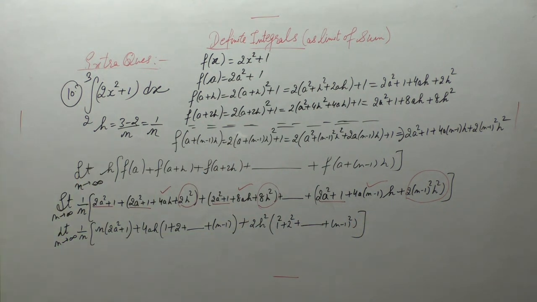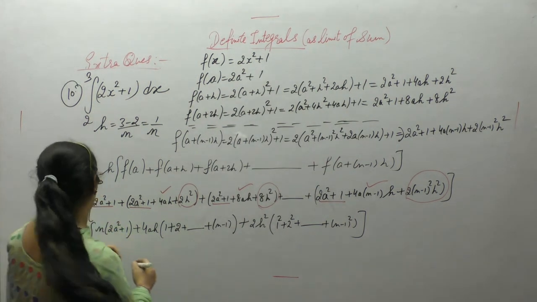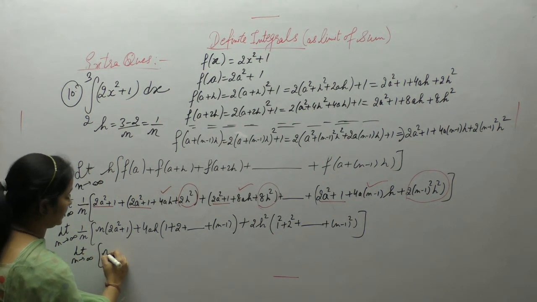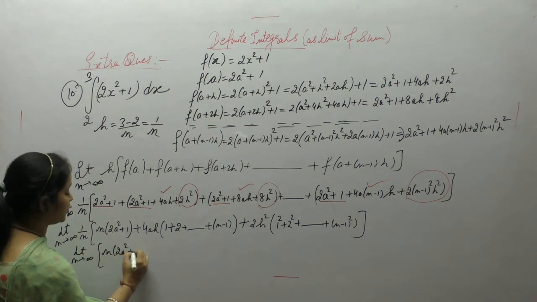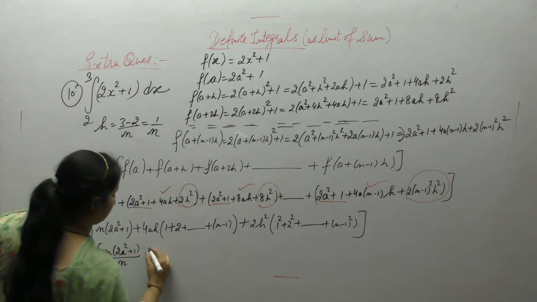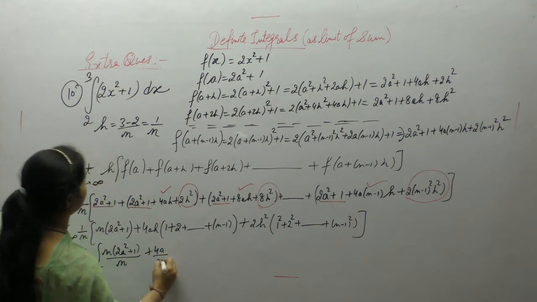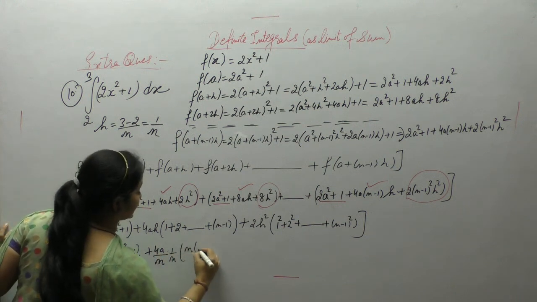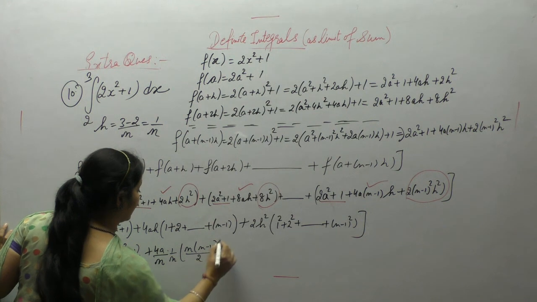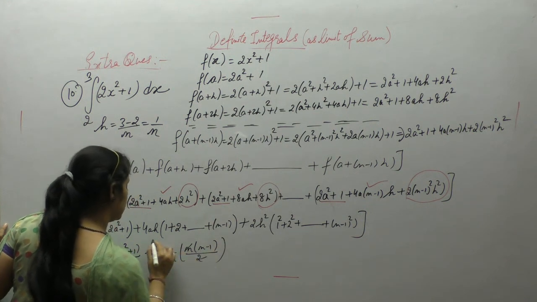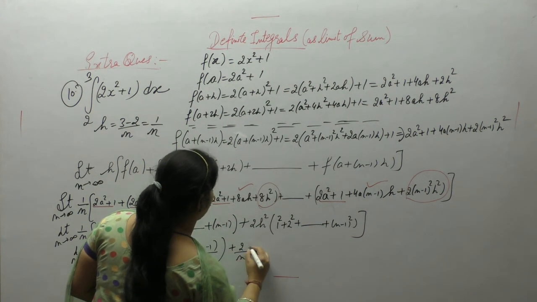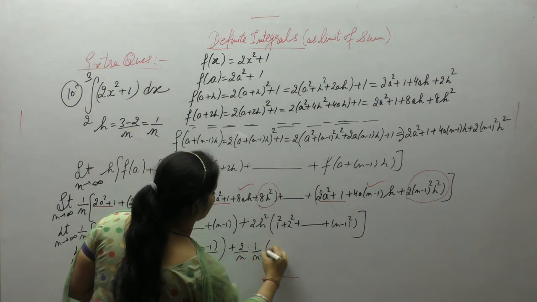Now we will use the formula for the sum of squares of terms and the sum of n minus 1 terms of AP. Limit n tends to infinity, n times 2a square plus 1 upon n, 4a by n, h is 1 by n, sum of n minus 1 terms is n into n minus 1 by 2, plus 2 by n, h square, 1 upon n square.